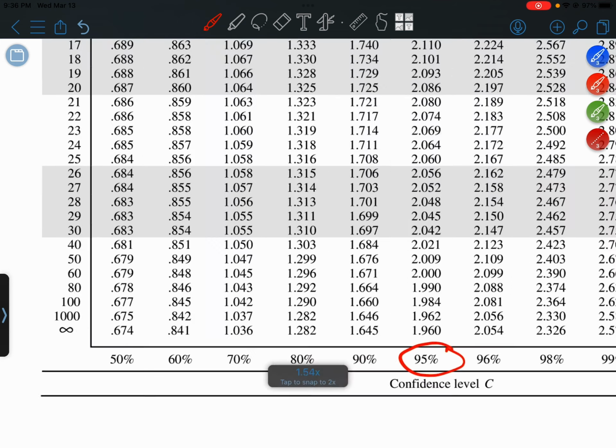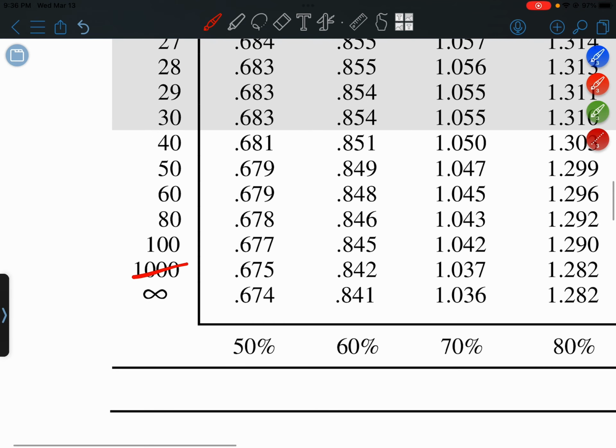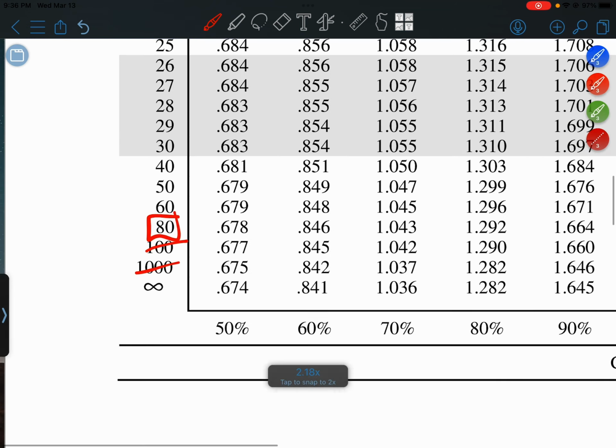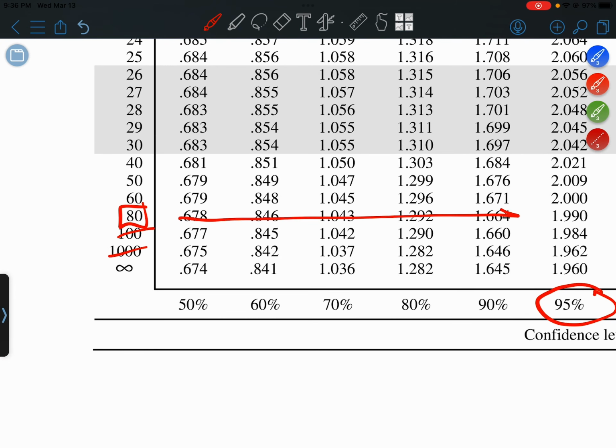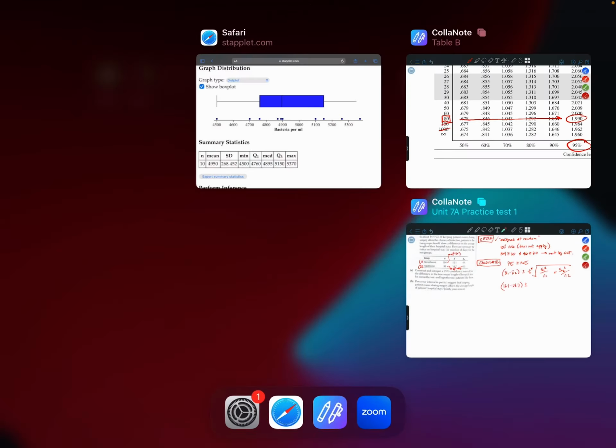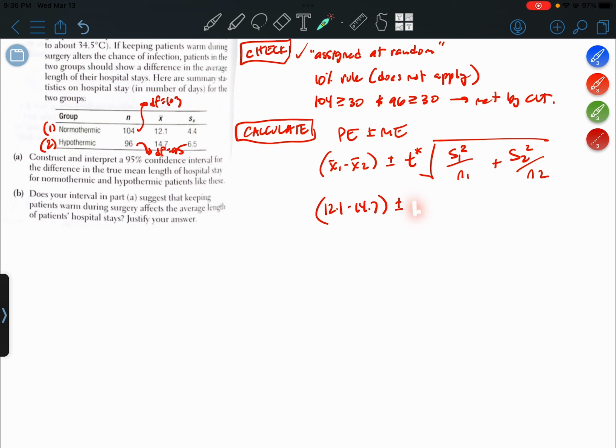Our degrees of freedom is 95, but that's not it. That's not it either. We have to round all the way down to 80. Okay, so our critical value is 1.99. 1.99 times the square root of 4.4 squared over 104 plus 6.5 squared over 96.